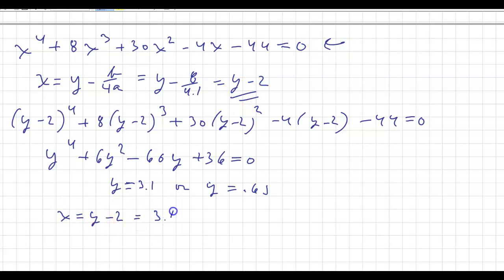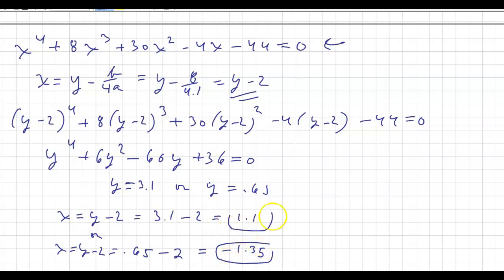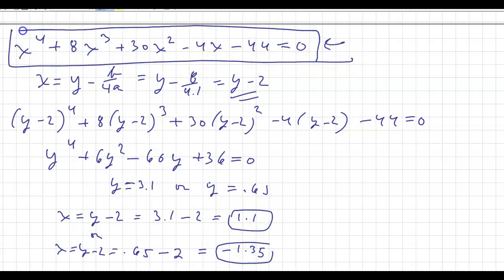So that either equals 3.1 minus 2, which is 1.1, or x equals y minus 2 equals 0.65 minus 2, which is negative 1.35. And those are the two answers to this quartic equation.